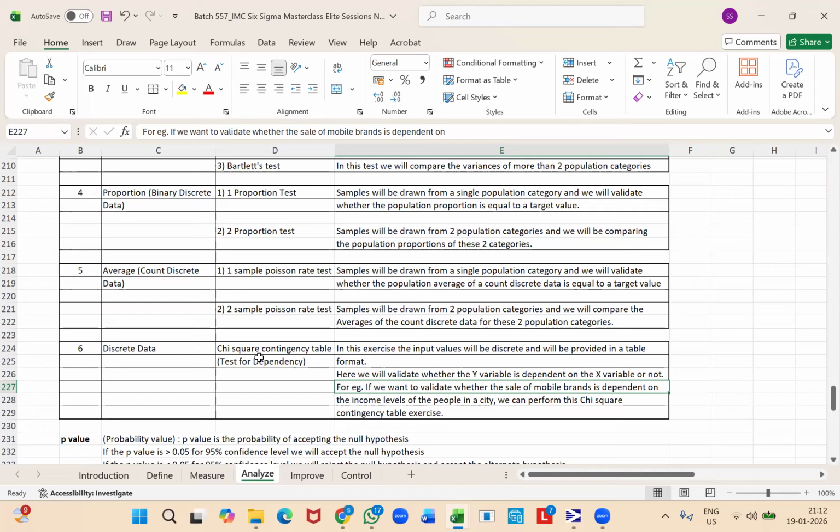The exercises under testing of hypothesis are black belt specific curriculum. But we are not going to get any of these exercises as questions in the black belt final assessment. As I told you, we will be given only the scenarios and asked to identify which hypothesis test logic we need to apply for that case scenario. That's it, right?